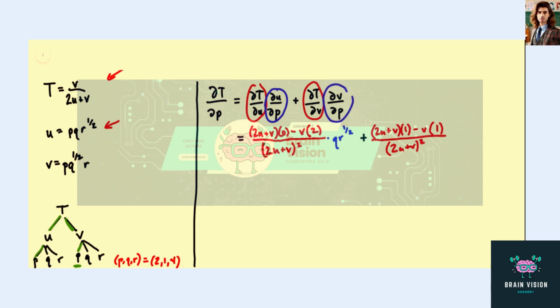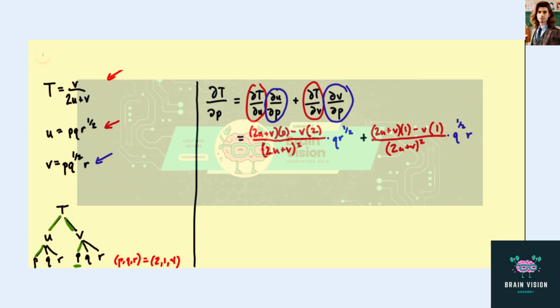And finally, dv dp, we can just look at our v over here. And once again, we'll get a similar thing as before, q to the 1/2 times r. That's the derivative of v with respect to p, the partial there. Okay. So we have our answer.